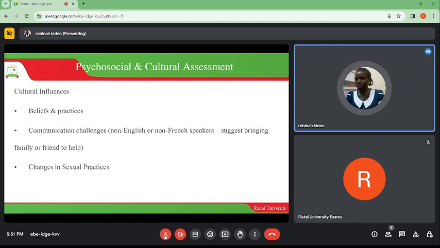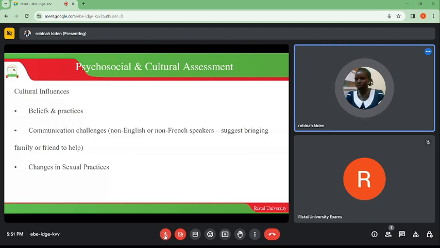Someone who does not use the language that you are using currently, maybe English. Do you require a translator, or do you understand the local language that she speaks, so that you can speak to her in the local language? Then changes in sexual practices. Sometimes the mother can have more desire for sexual intimacy, and others may have less desire.